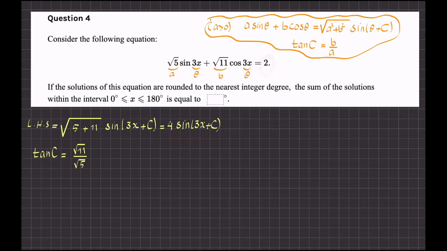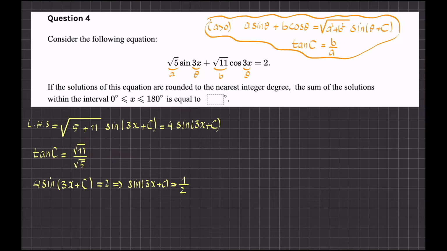So my equation becomes now 4 sine of 3x plus c equals 2. I divide everything by 4, so sine of 3x plus c becomes 1/2. And again, you know that 1/2 is a famous number for sine in trigonometry.